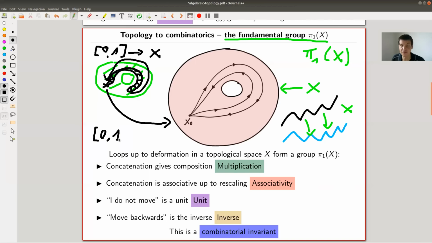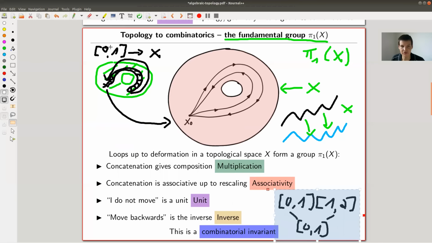My first loop would go from 0 to 1, and I could let my second loop go from 1 to 2, and then I just rescale the whole thing and I get another loop from 0 to 1, and I shouldn't overlap my own picture. So concatenation of loops gives you another loop. And that's a multiplication rule. And if you have a multiplication rule and you're an algebraist, then you're in business. Then you basically have something like a group. And indeed, you have a group.